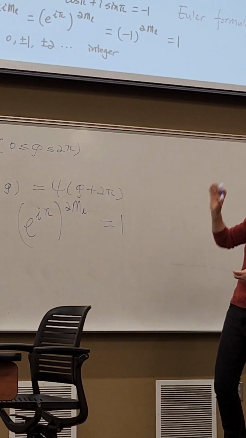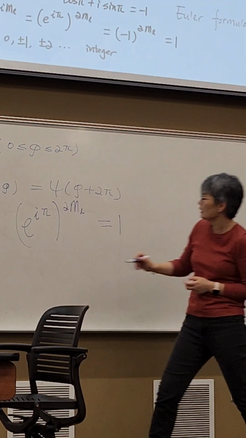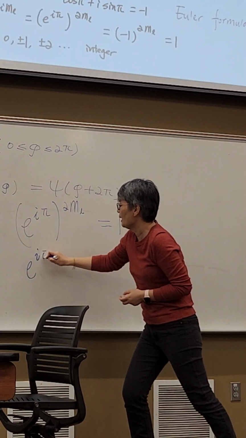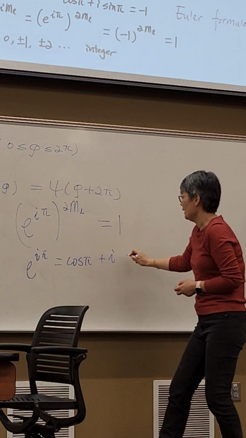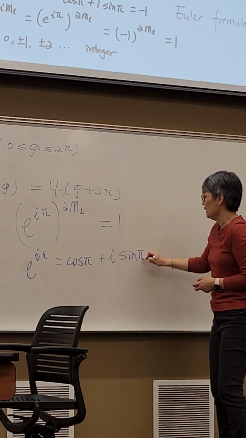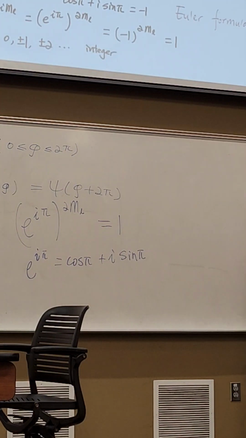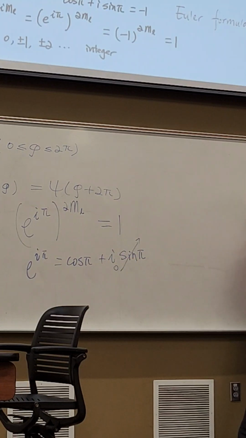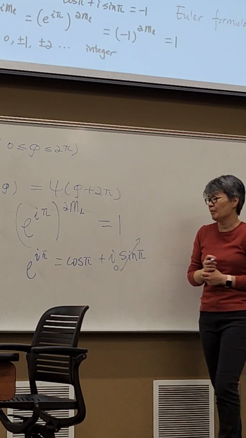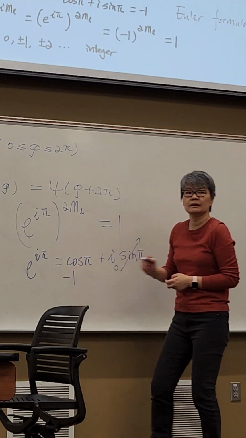Now we know, using the formula, e to the i pi equals cosine pi plus i sine pi. That is a very important formula you want to know. Now we know sine pi equals 0, cosine pi equals -1.